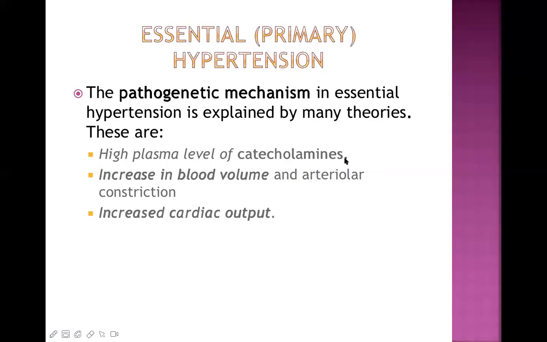Catecholamine is a powerful vasoconstrictor, as well as it increases contractility of the heart, and it increases the heart rate also. So all these things will increase the blood pressure. Increase in blood volume will increase blood pressure, and cardiac output definitely will increase blood pressure. So all these things will cause an increase in blood pressure.